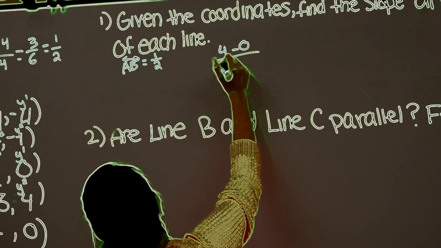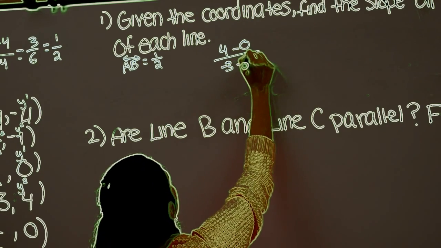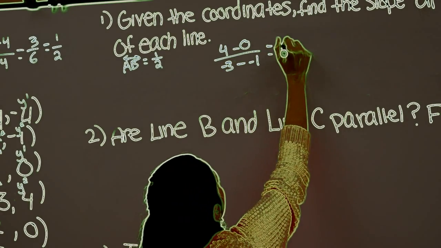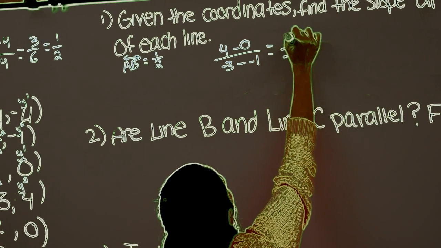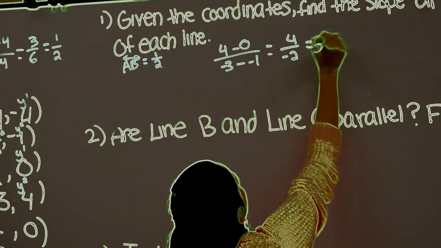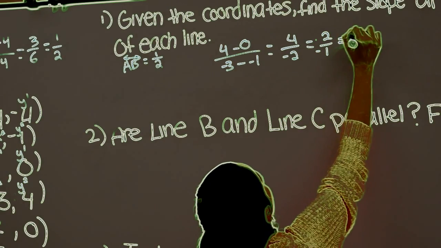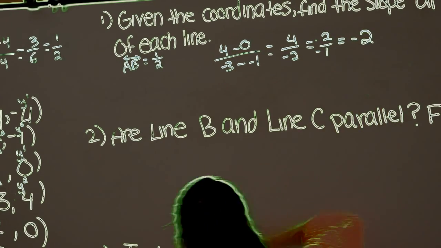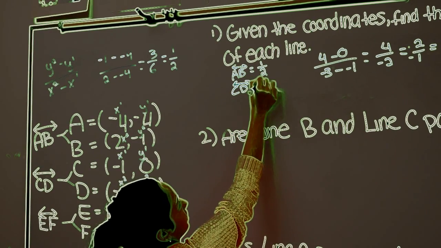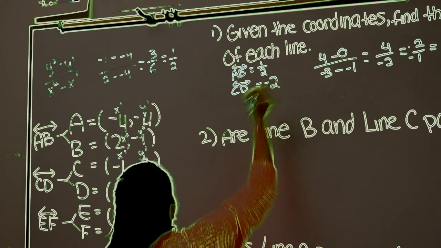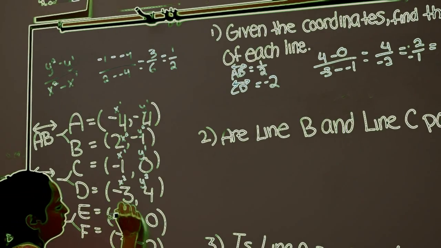X2 is -3, minus x1, which is -1. So if you do this, this would be -2. So the slope of CD is -2. And for EF, we'll do the same thing, so we will label them.